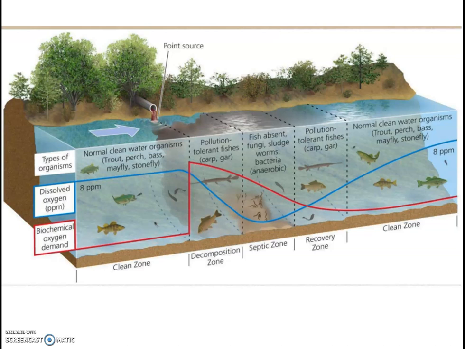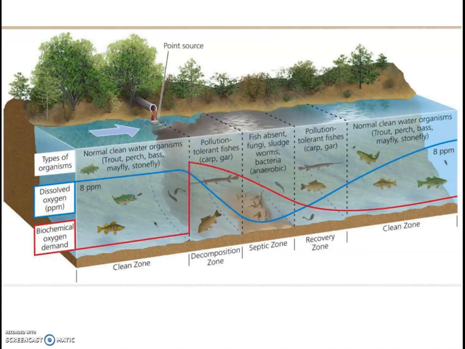This is looking at what happens when you have point source pollution. So a lot of times you don't see the effects until much later on downstream. The point source pollution, you have this normal clean water right here. It's flowing down the stream. If you see what happens, we have this huge biological oxygen demand spike right where that pollution is coming in.